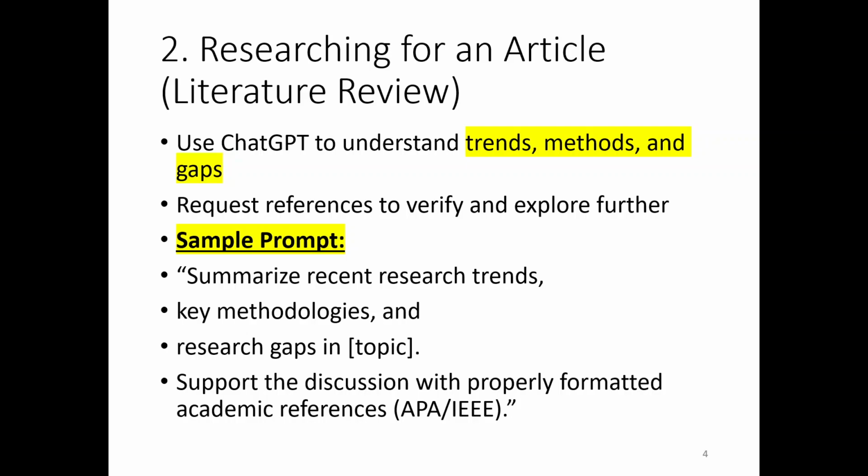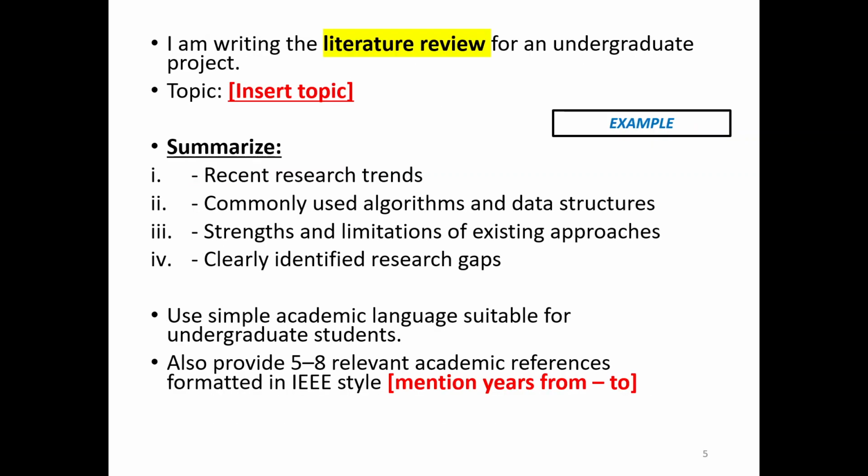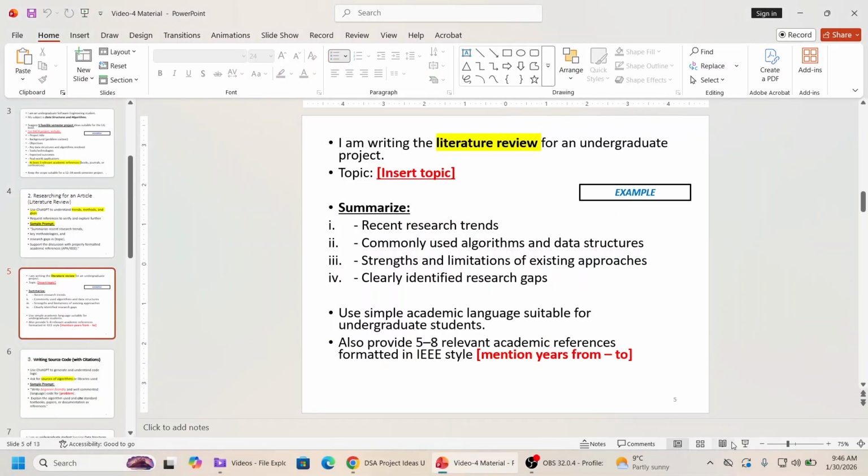A research gap would be the area that you could focus on in order to come up with a novel idea. So this is an example: summarize recent research trends, commonly used algorithms and data structures, strengths and limitations of existing approaches, and clearly identify research gaps. Also, provide 5 to 8 relevant academic references.